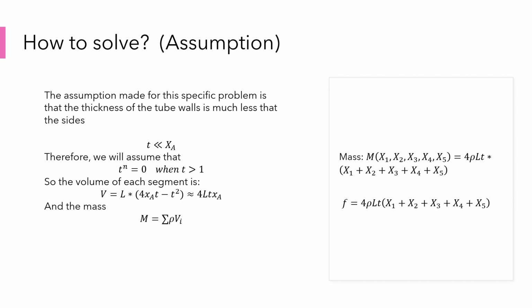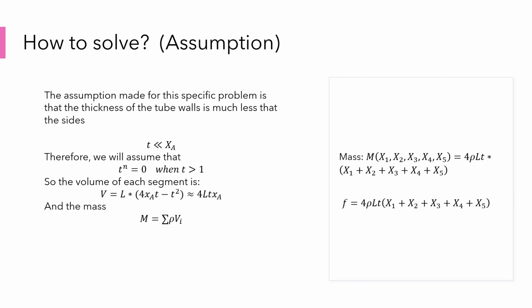And so with this we already know that the volume of the tube is the following: L multiplied by 4xt minus t squared, and we can neglect the t squared here.